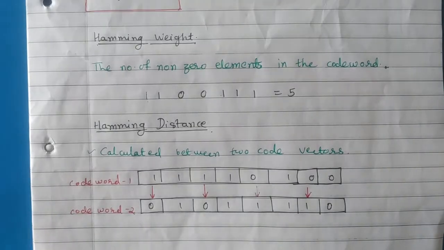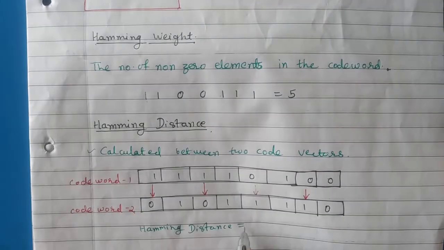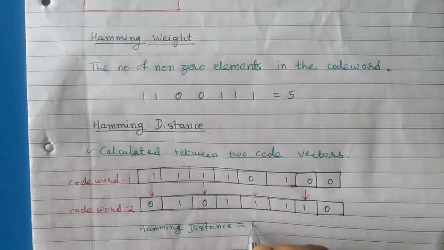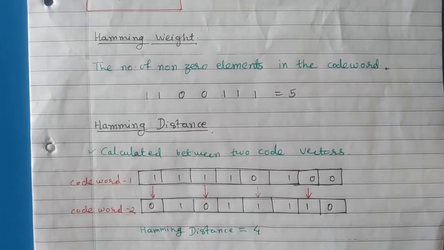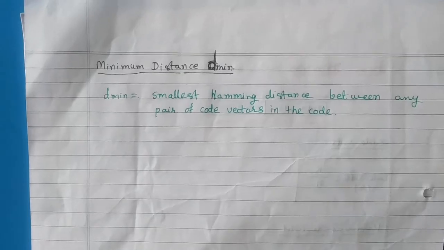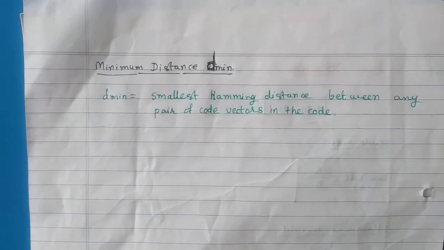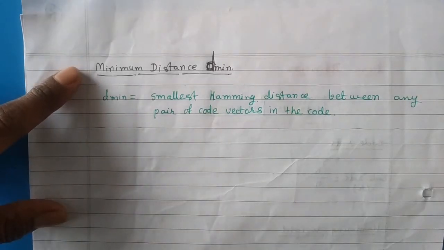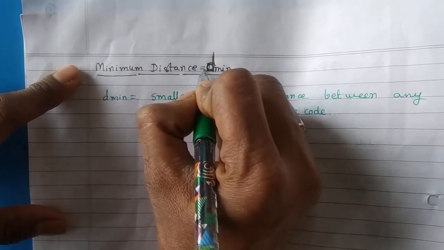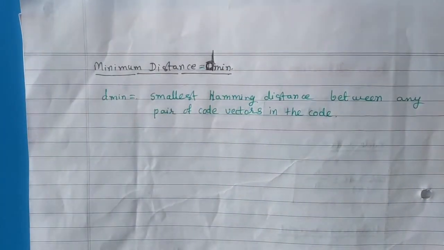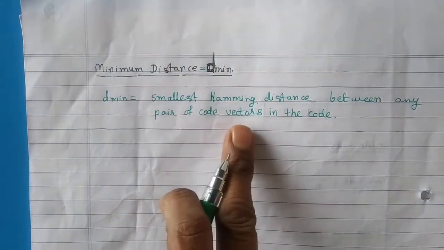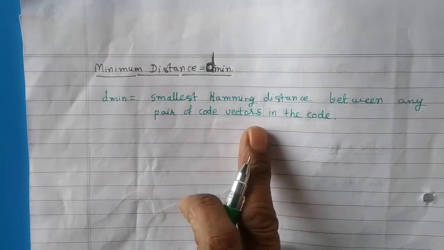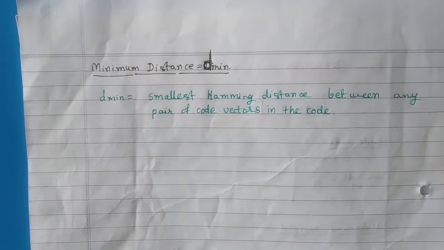So the Hamming distance of these two code words is equal to 4. This is how we find the Hamming distance. One more very important parameter in block codes is the minimum distance, referred to as dmin. Dmin is equal to the smallest Hamming distance between any pair of code vectors in the code.